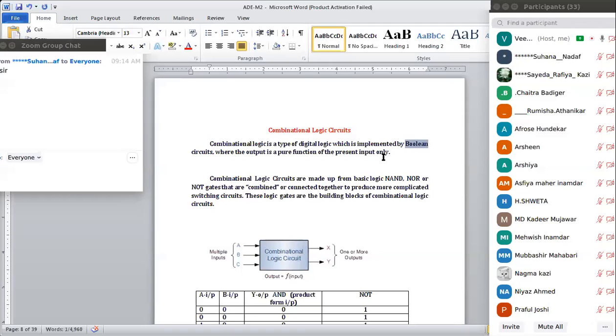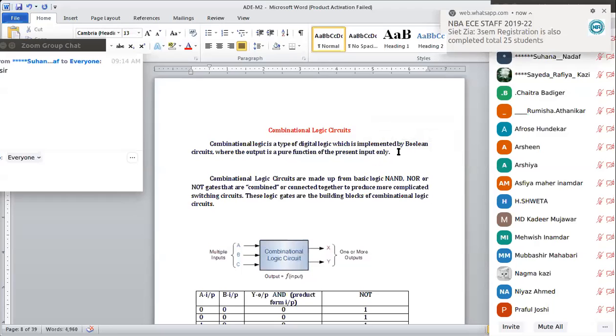Okay, so to implement any Boolean circuit, combinational logic circuits use digital logic, whereas the output is a pure function of the present input only. This is most important.